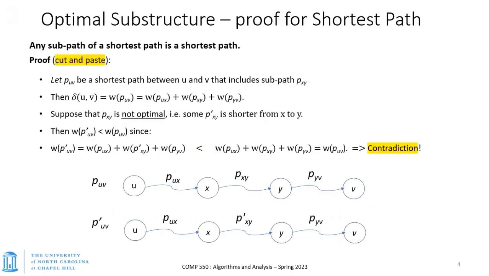And this relies on one of the techniques that we have used in the past, which is cut and paste. Does anybody remember where else we used a cut and paste proof? We have used it before.